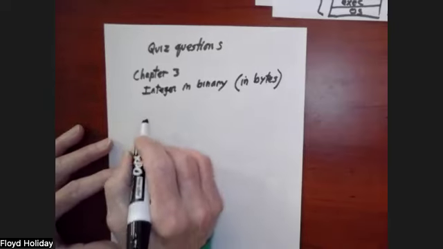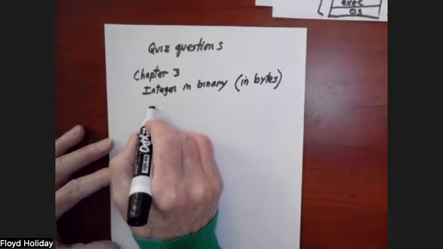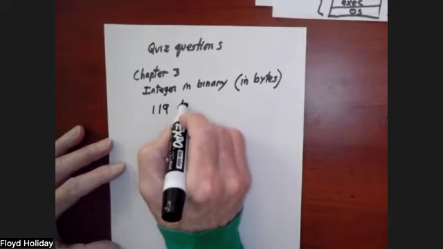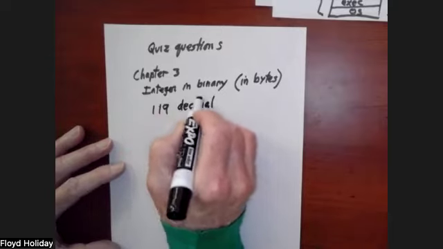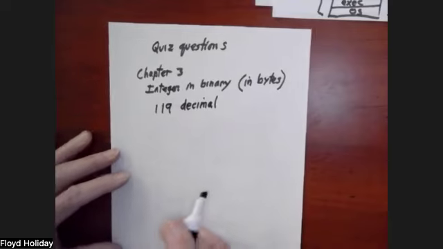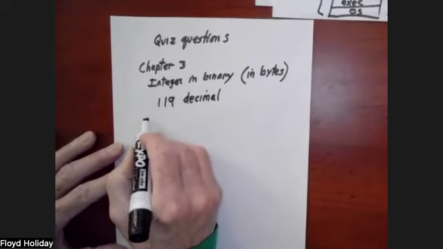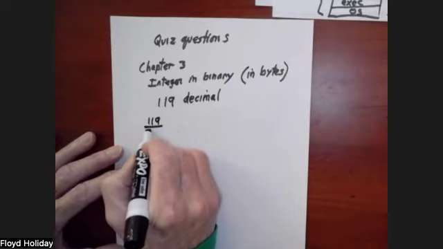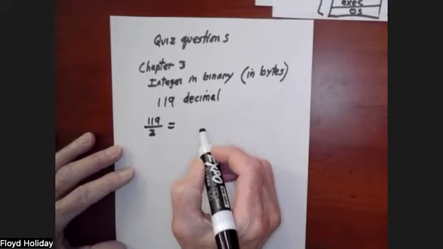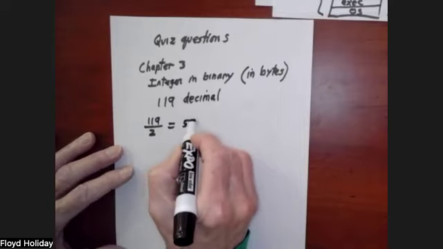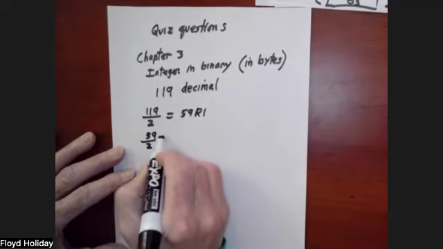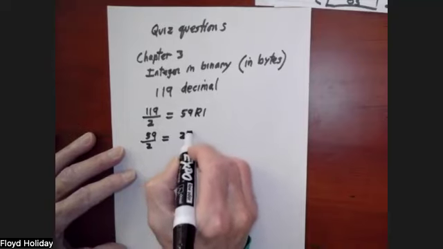Okay, let's take a number like 119 decimal. The standard algorithm says divide by 2 repeatedly and you'll find your binary number. So here, let's do it. Oh gosh, that's 59. The remainder is 1. 59 divided by 2 is 29.